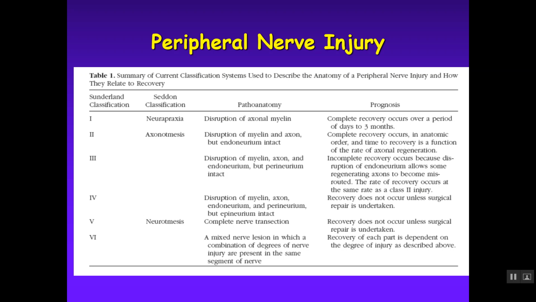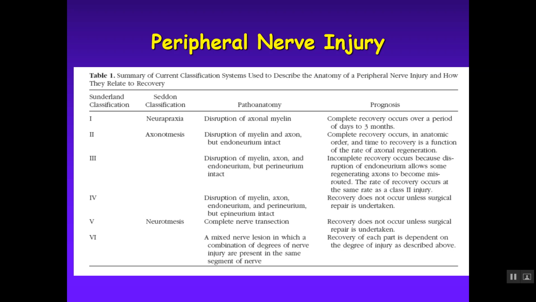And it can repair, but it's typically not perfect still. You can get nerve recovery with that, but you may still have some weakness, some sensory loss. They're getting better all the time with those nerve transplants, where you cut it out and resew it together.